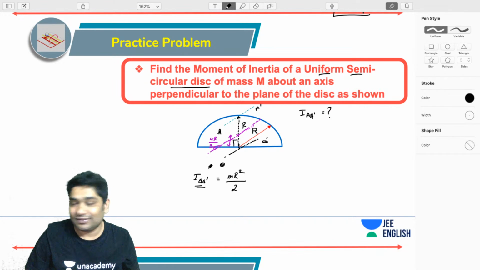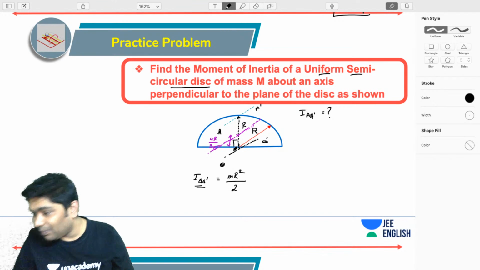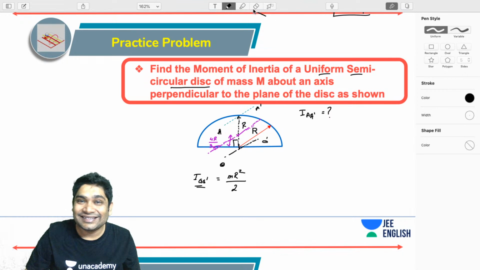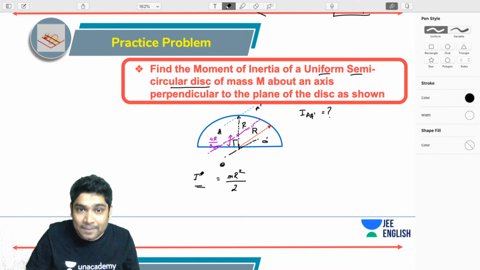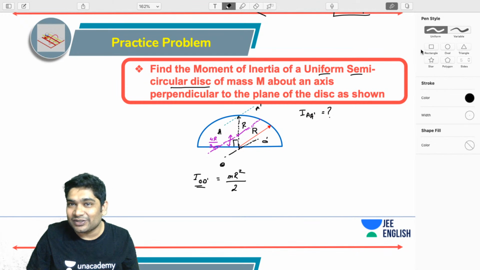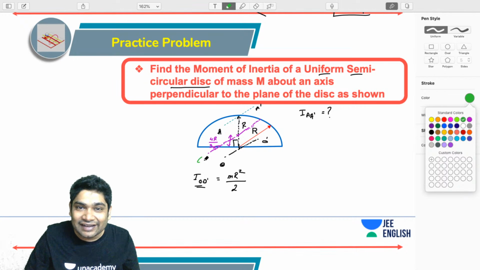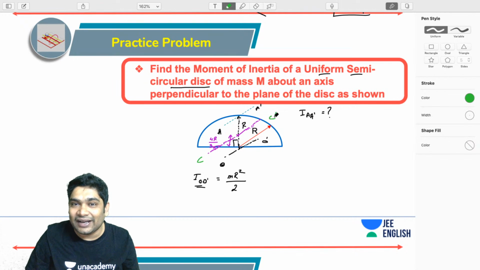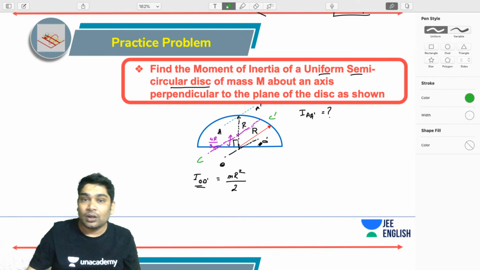So let's just call this IO dash, because I want to refer to CC dash as the axis passing through the CM. Otherwise you can call any axis whatever you feel like. There is no hard and fast rule. I just like to use these symbols so that in my head, whenever I say CC dash, it is an axis passing through the CM.